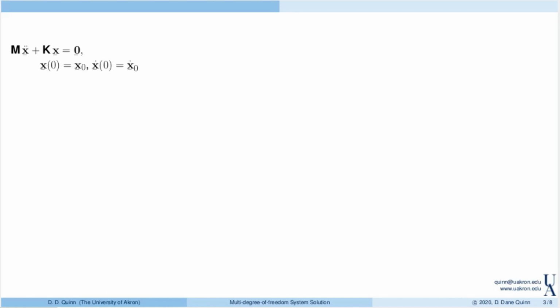Well, essentially, we assume a solution. Or at least we assume a form that the solution takes. In particular here, we'll say, let's assume that x is equal to some vector u, and at this point this vector is unknown, times e to the i omega t.